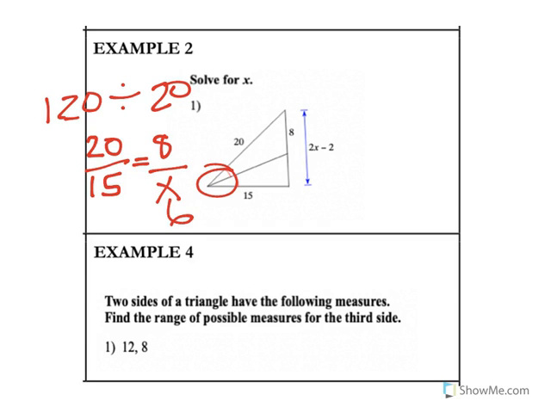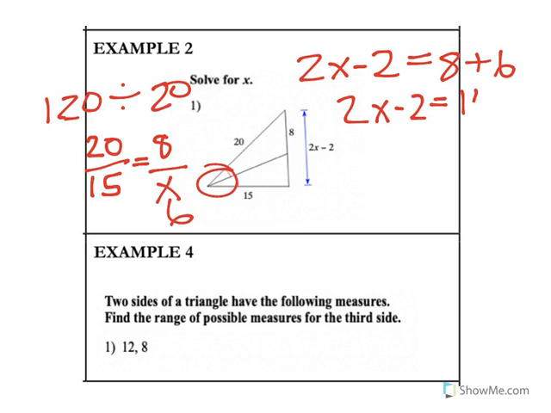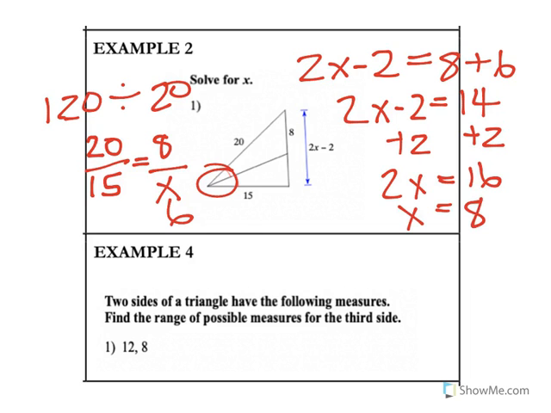Okay, so what does that mean? It means that 2x minus 2 is equal to 8 plus 6, which is 14. But now we have a nice little simple two-step equation. We're going to add 2, we're going to get 2x equals 16, which means that x equals 8. So we just solved for x using the angle bisector theorem.